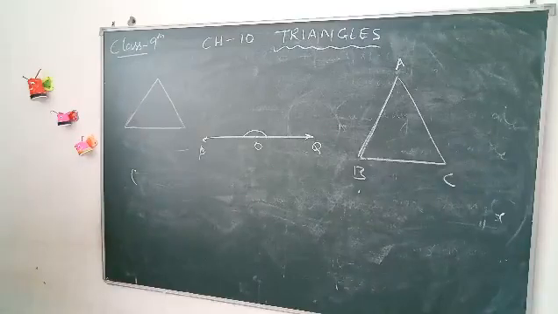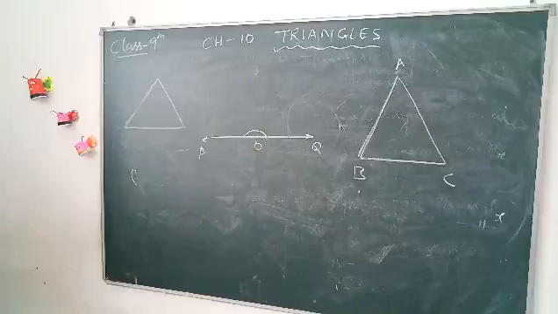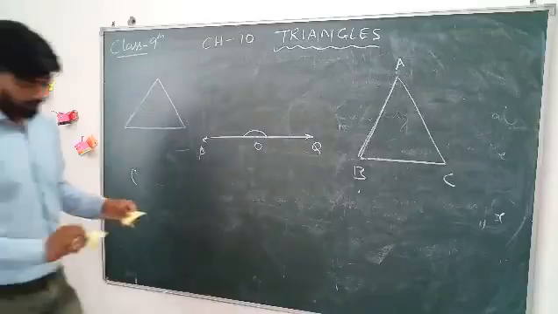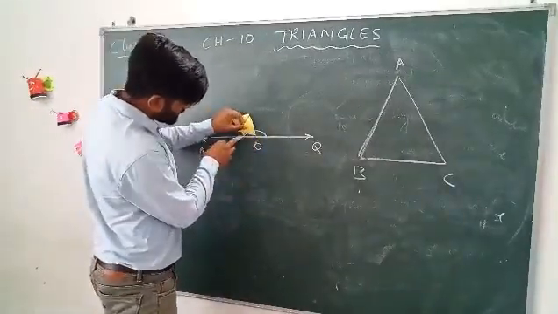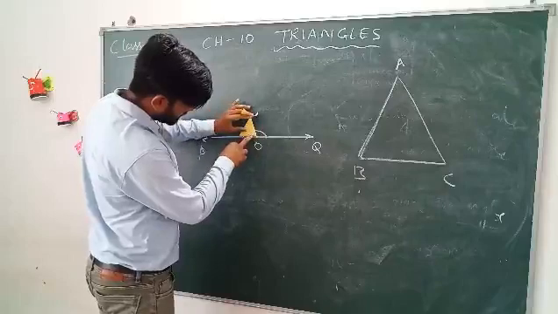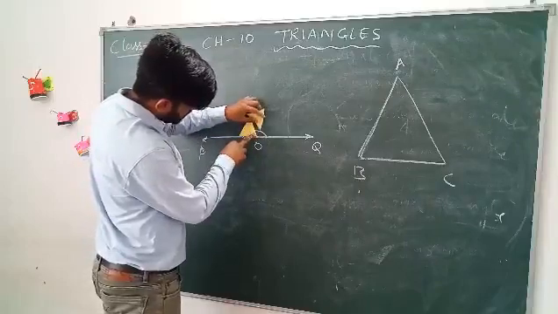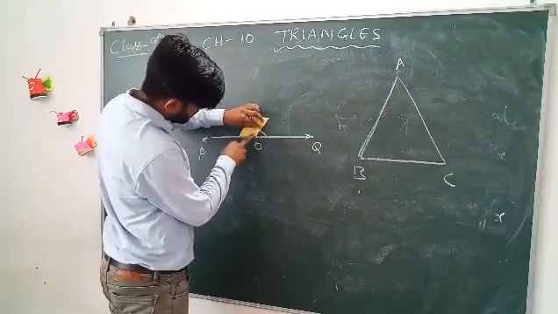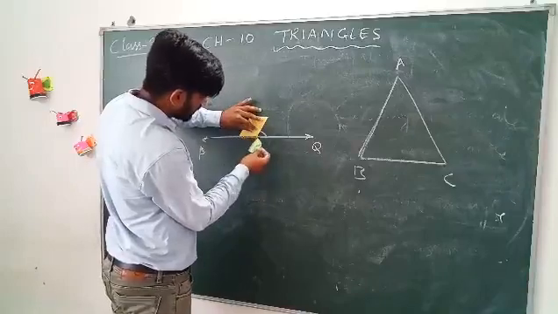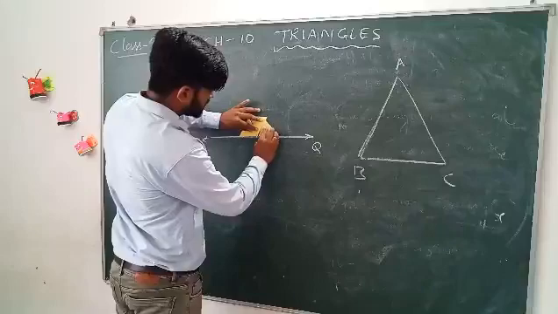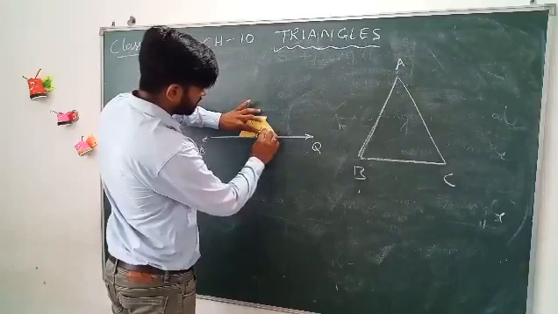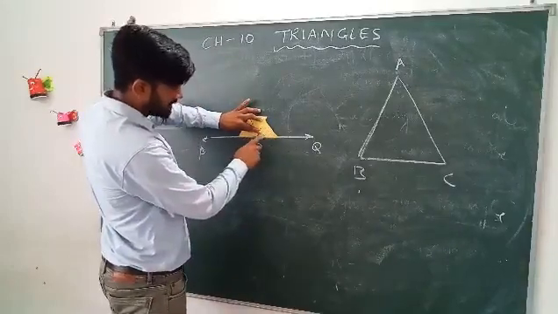I am also cutting angle C and keeping it. Okay, so I have this angle A, B and C. If I place them over here in the center like this, you will be surprised to see that the sum of angle A plus B plus C is equal to 180.